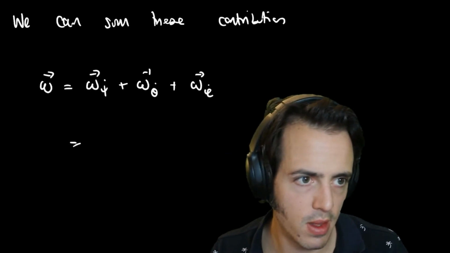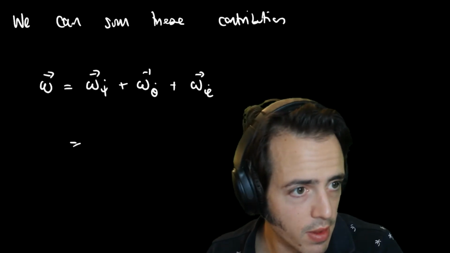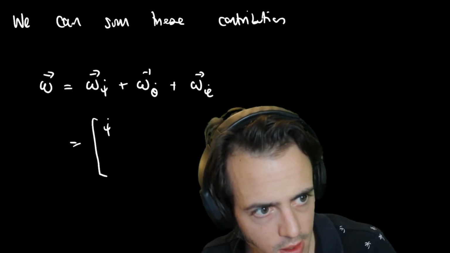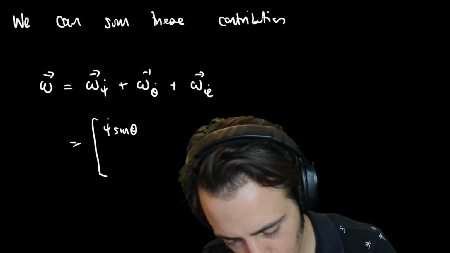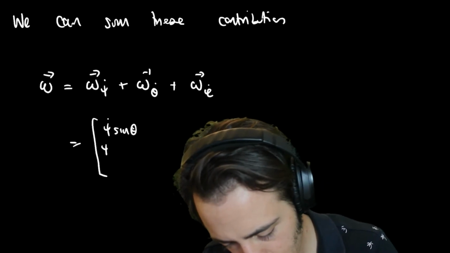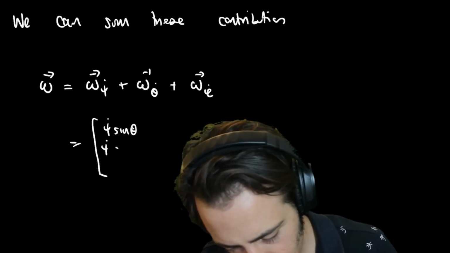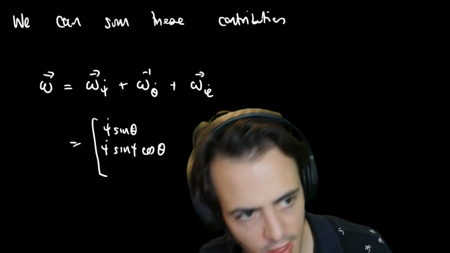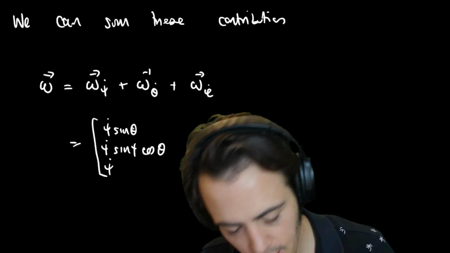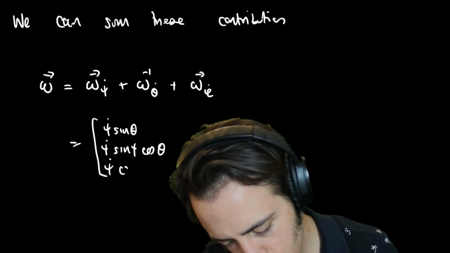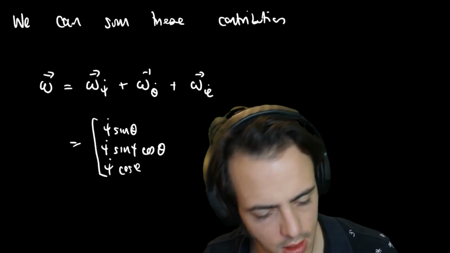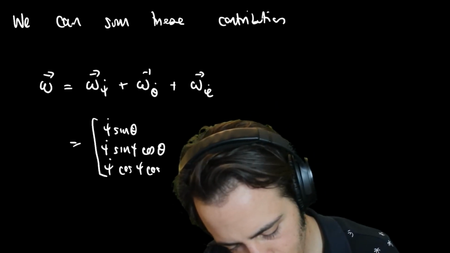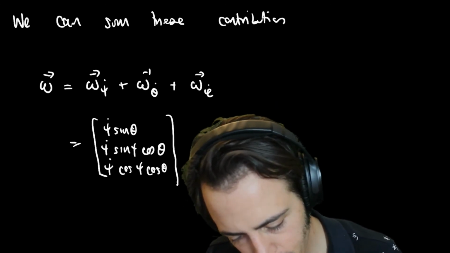For our purposes, let's write all of these down. We've got minus psi dot sine theta, psi dot sine phi cosine theta, and psi dot cosine phi cosine theta.